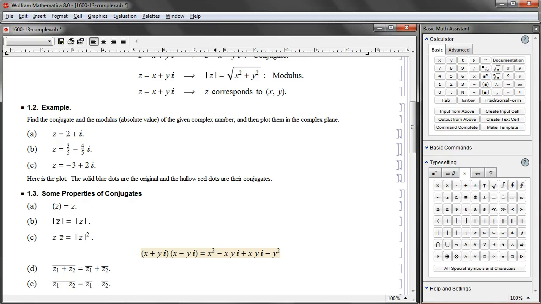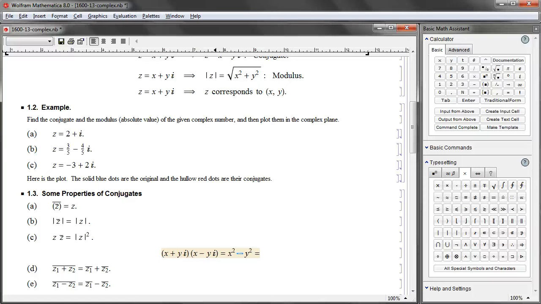Oops, mistyped it. i squared. Now, do you see the simplification? Minus xyi and positive xyi cancel each other out. Gone. And then this i squared is equivalent to -1.